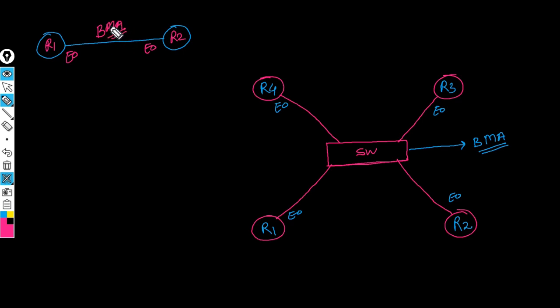So wherever you connect Ethernet interfaces to your routers, it becomes a BMA topology. And of course, the DR and BDR concept you will find only when you have a BMA topology.